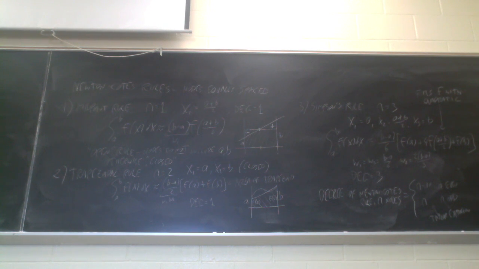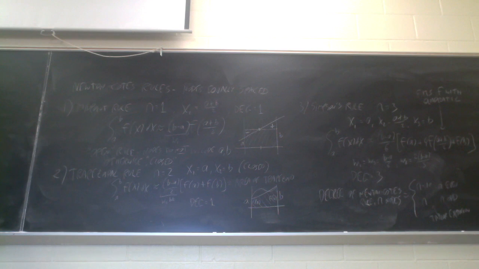So are those rules only for like when n equals 1, n equals 2, or n equals 3? Yeah, so these are certain specific Newton-Cotes rules. Those are the best known. And then if you want to define higher order Newton-Cotes rules, you can just pick equally spaced points. There's not like a general rule out there for anything greater than 3?